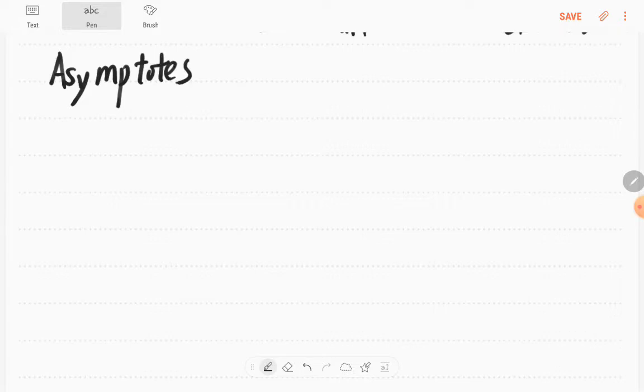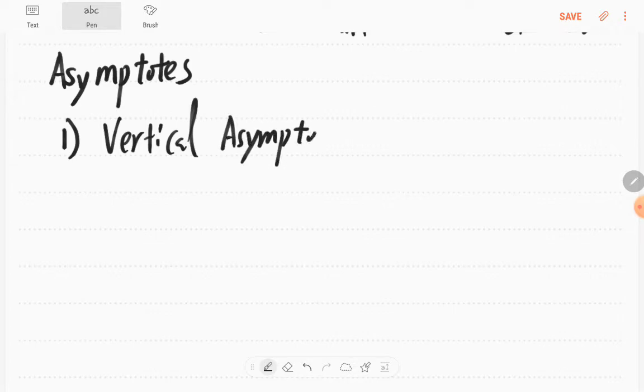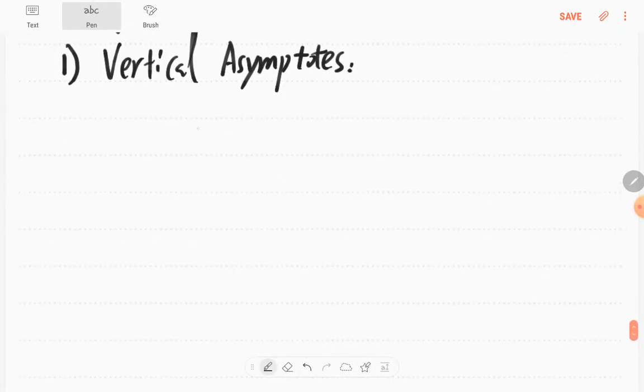Asymptotes. The first one is called the vertical asymptote. What does this mean? The vertical asymptote is this vertical dashed line, right?